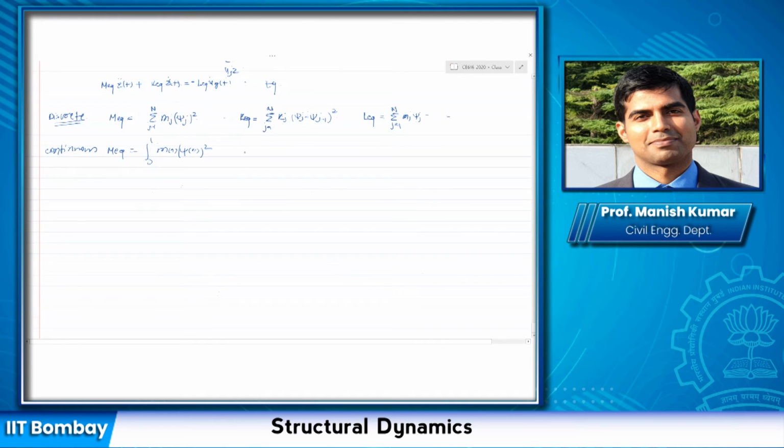Okay, K equivalent was EI x times phi double dash x squared. So in this case, for K equivalent, you have to compare the phi j minus phi j minus 1 with this quantity here, and EI x as your flexural rigidity. And L equivalent was the integral 0 to L of m x phi x.